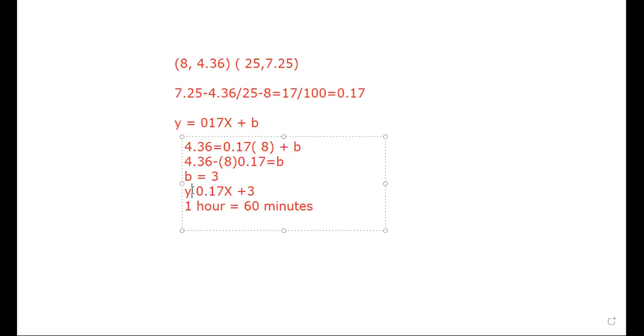Then if you are looking for the cost for 1 hour, it will be y equals 0.17 times 60 plus 3. Okay, so the answer will be $13.2. Thank you so much.